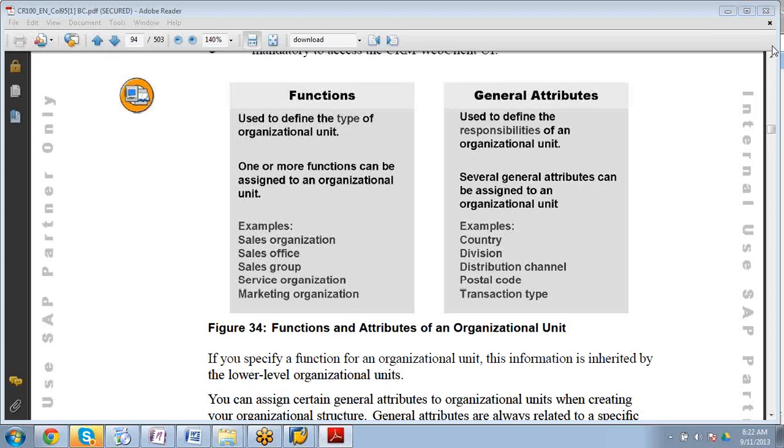Any questions between functions and attributes? It is going to be a big factor while you customize, if you don't understand these two.